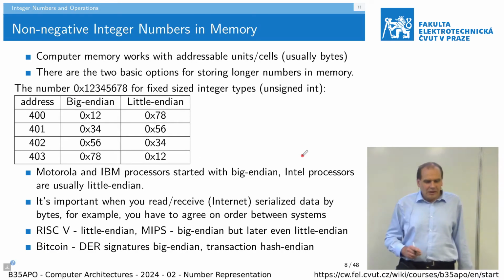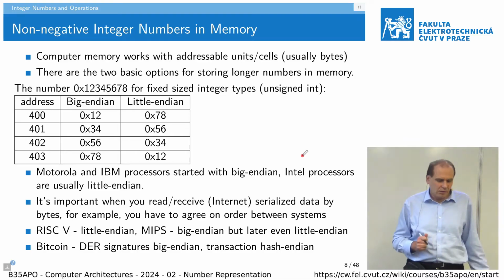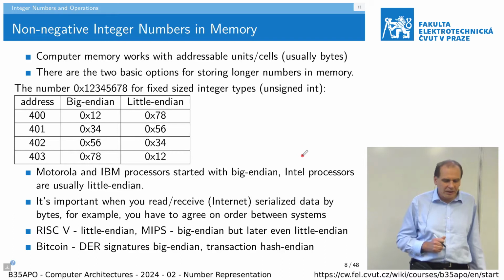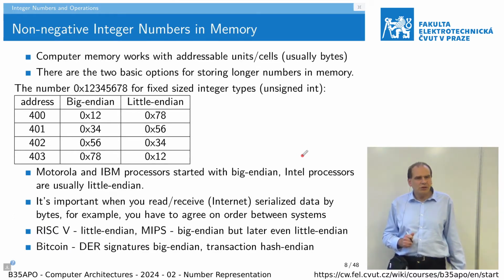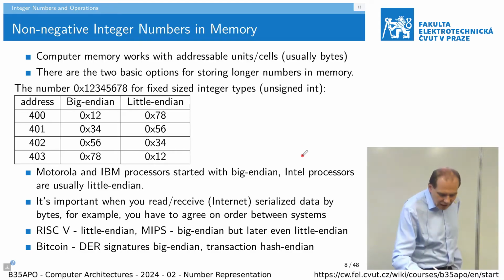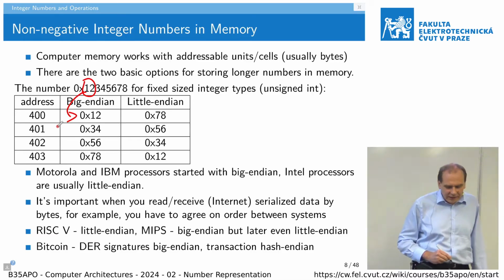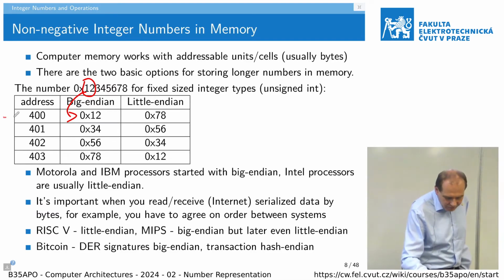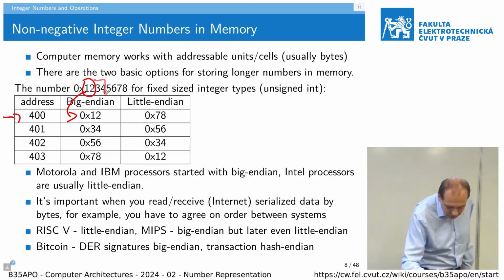Okay, if we store a non-negative number or unsigned number in memory, then there are 2 options. I think that we have already shown it at the last seminar. Basically, we can start from the most significant digit and put it on the address where the variable space for the given variable starts, then take another byte and follow, and so on.